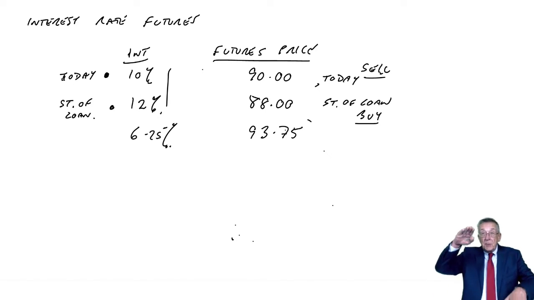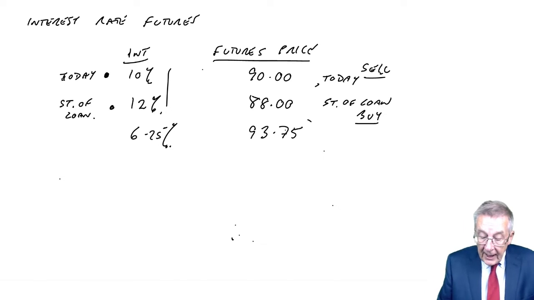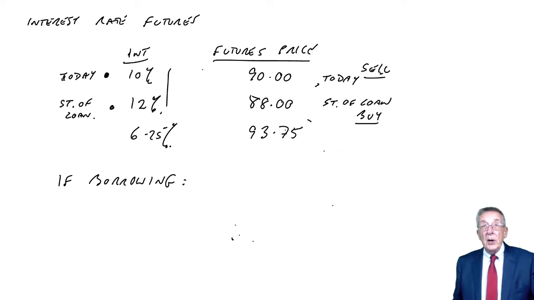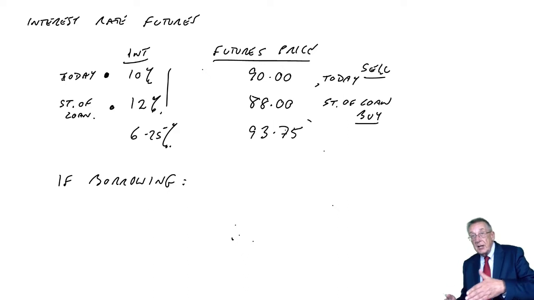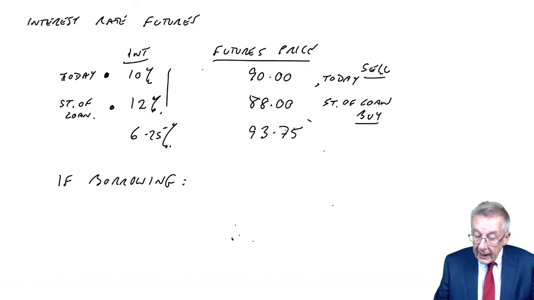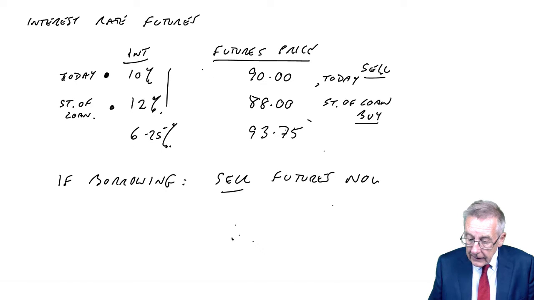And so, because futures prices are moving in the opposite way to interest rates, if you're borrowing money, it worries you if interest rates go up. How do you make a profit on futures if interest rates go up? If you're borrowing, you will sell futures now and buy back later.